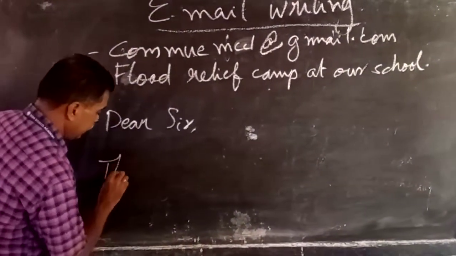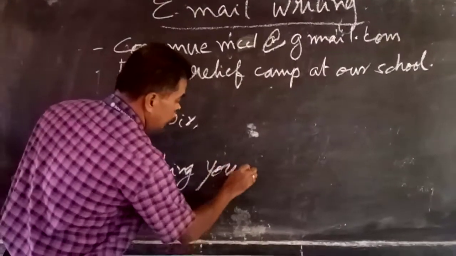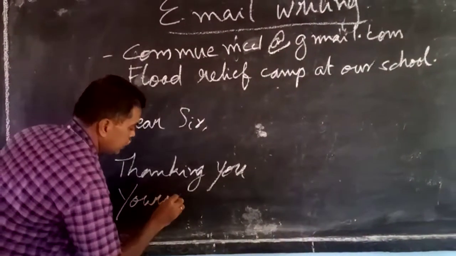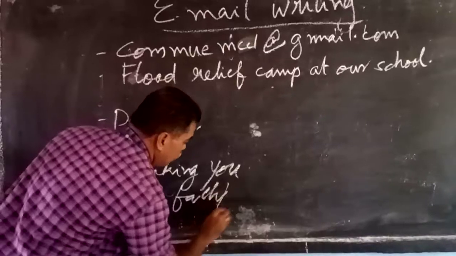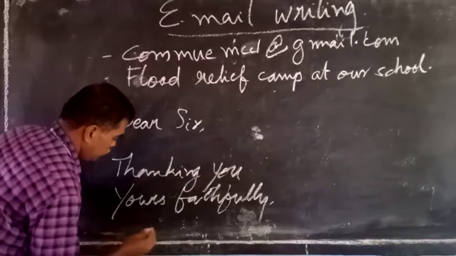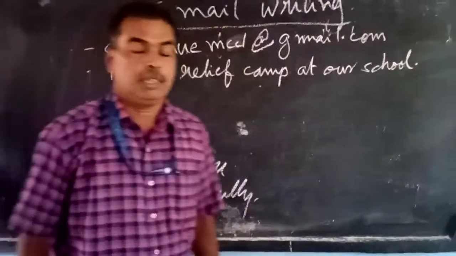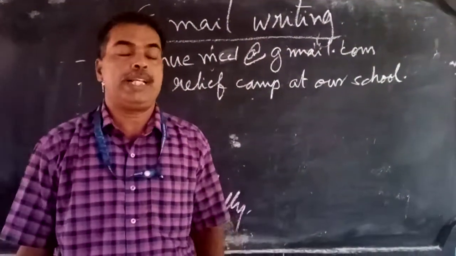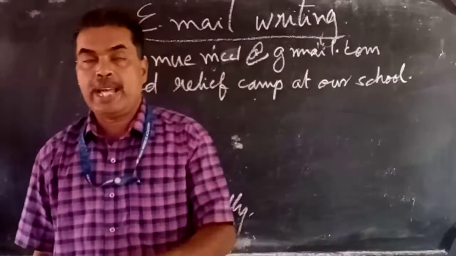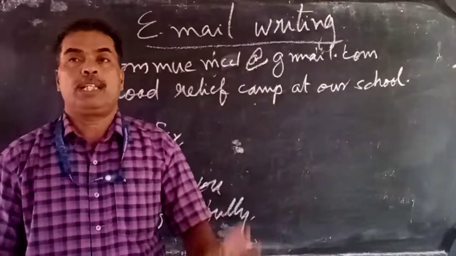That much is the body of the email that we are going to write, and then you can conclude it by thanking you, yours faithfully. You write Rajesh, your name, and if you want the title, the designation, you can write either the school head boy or class monitor of standard 7B, whatever you like, and conclude.